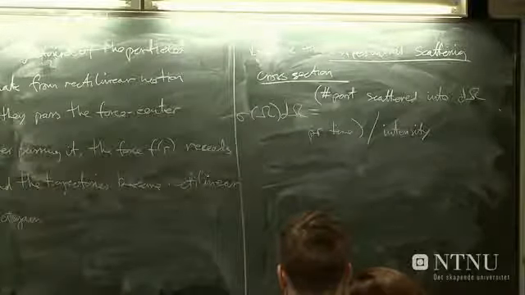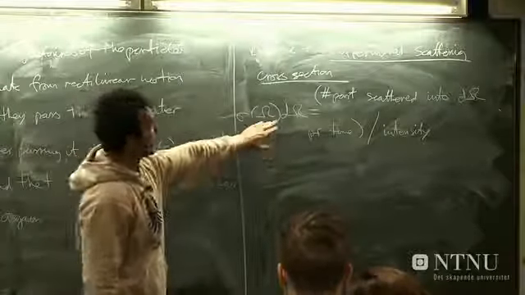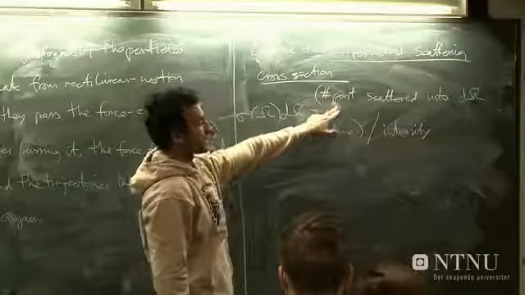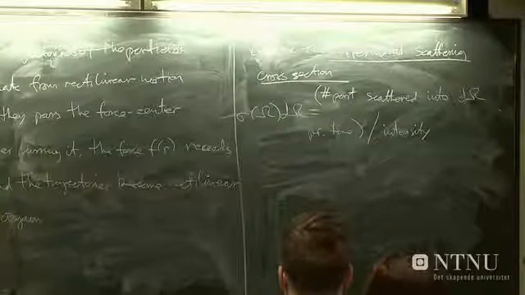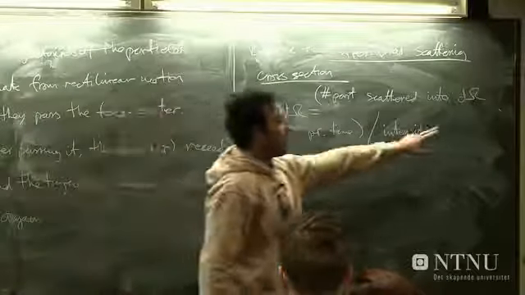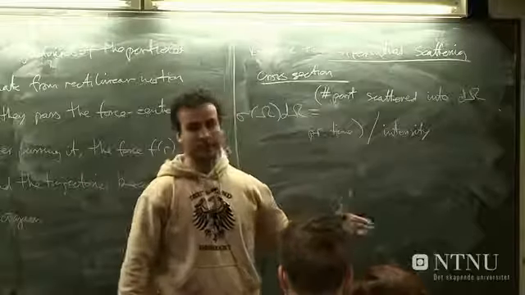The differential scattering cross-section is defined as follows. It's the number of particles scattered into a specific orbital angle, d omega, per unit time, divided by the intensity of the incoming particles.